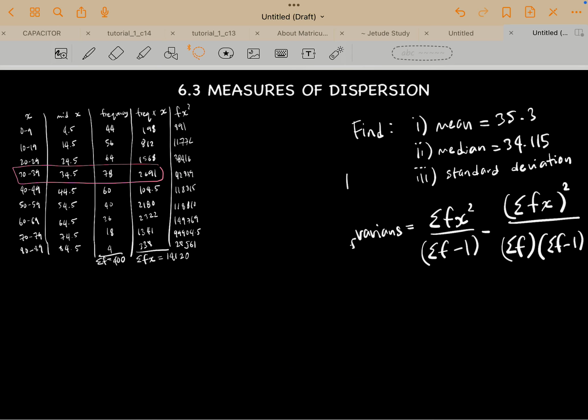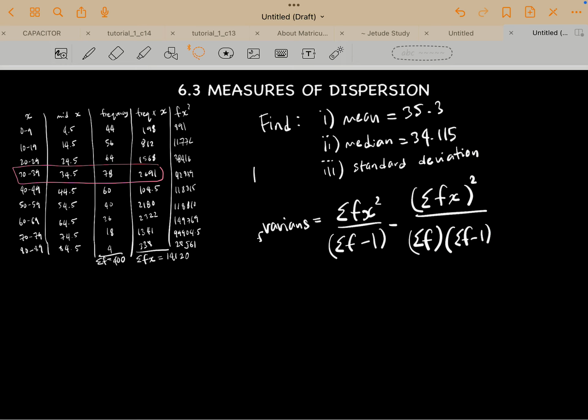Okay, so let's bring this here. So this is our variance. It turns out that when we calculate like this, our sum of fx to the power of 2 is equal to 659,780, and the sum of fx in our case is just 14120.